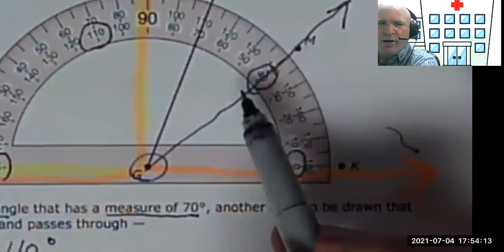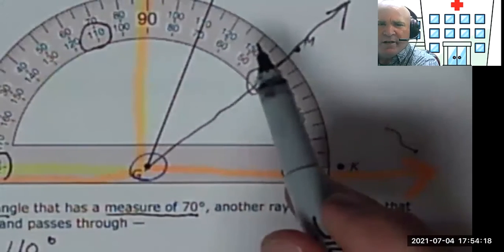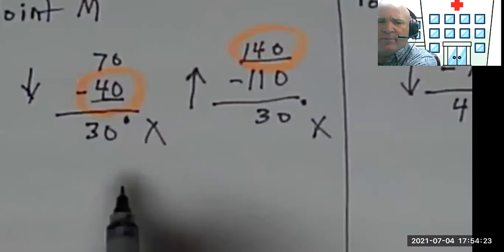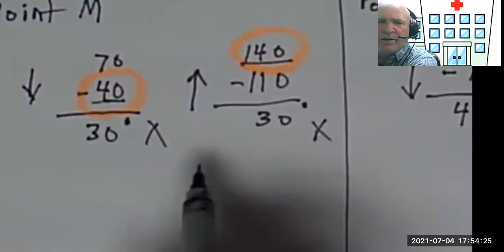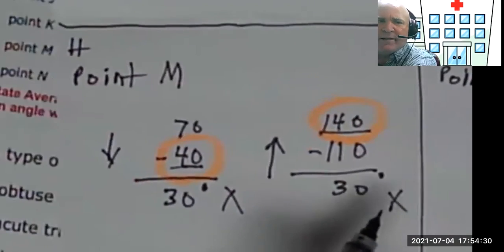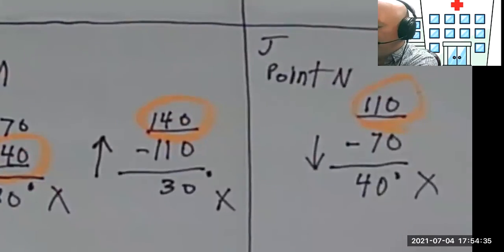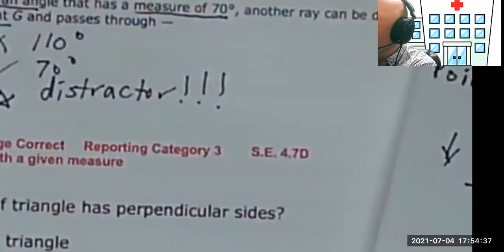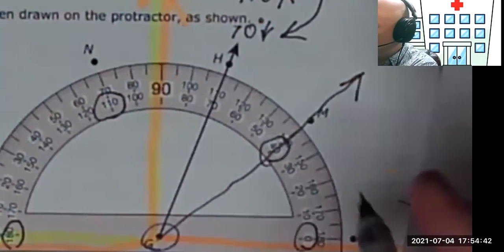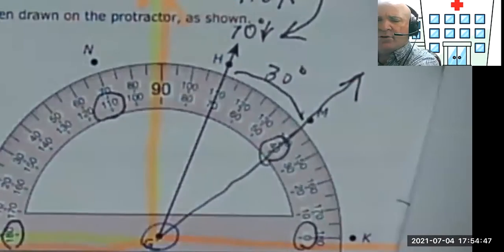So if you actually draw it, and if you count like this, 5, 10, 15, 20, 25, 30, you can do it that way, and you can see that it's only 30 degrees apart, but that's the one that most kids picked because of that letter H that just happened to have a 70 in it. Let's go ahead and eliminate, and we said that that was only 30 degrees. I'm actually going to put it in there because that was the big distractor, the difference between those two rays.